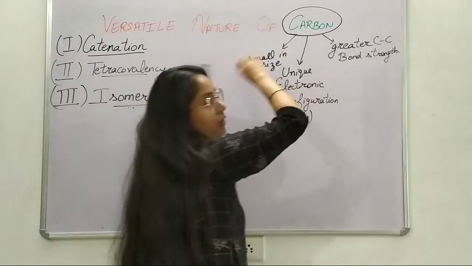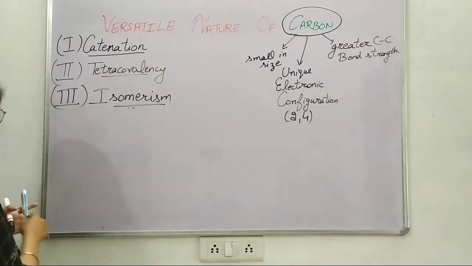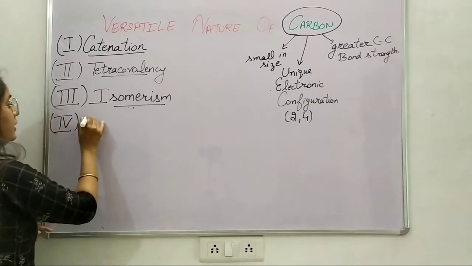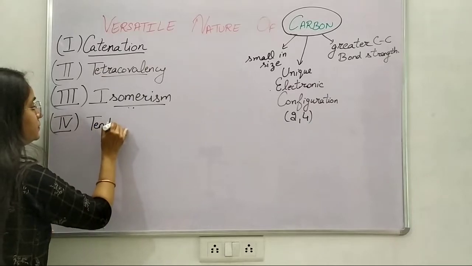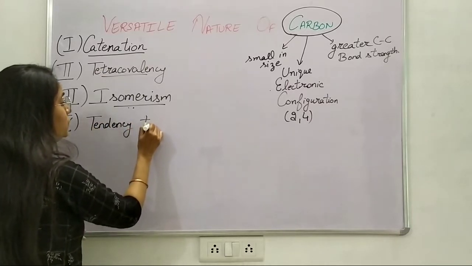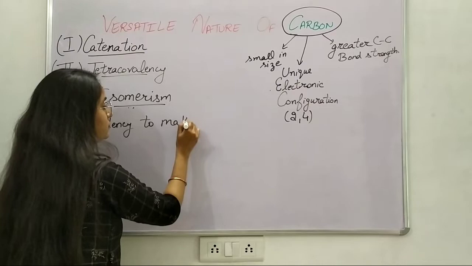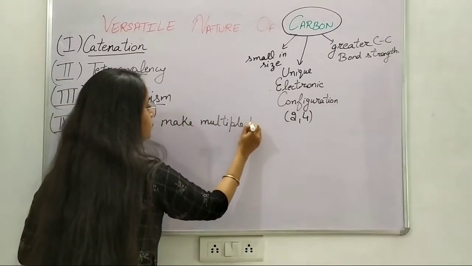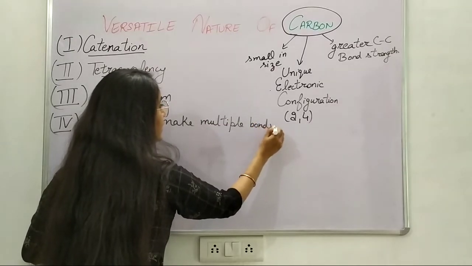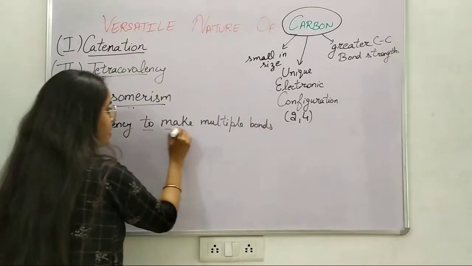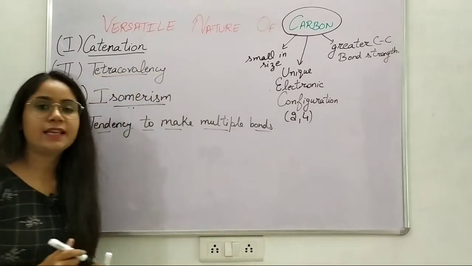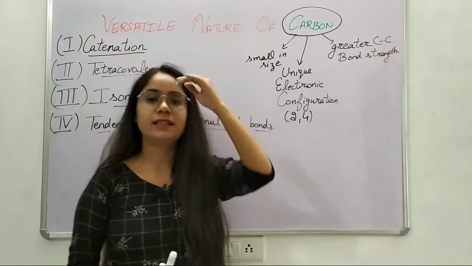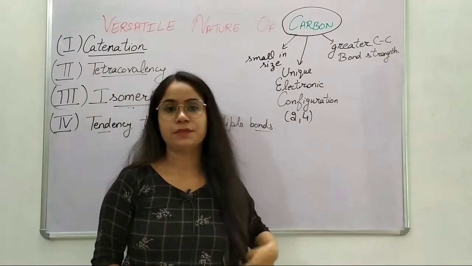Now the last property is the tendency to make multiple bonds. Well, yes, carbon has the capacity as well as the ability of making multiple bonds with other carbon atoms.